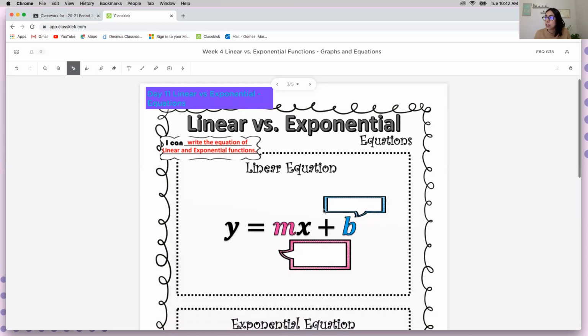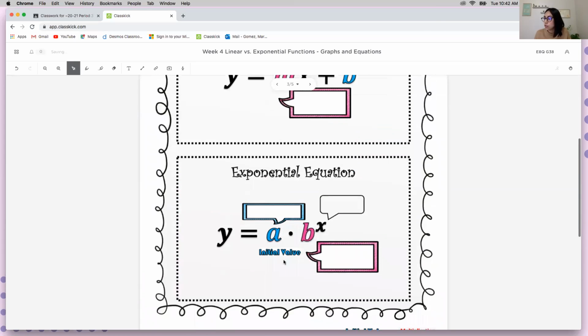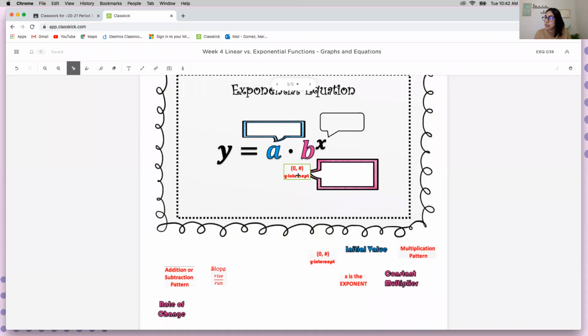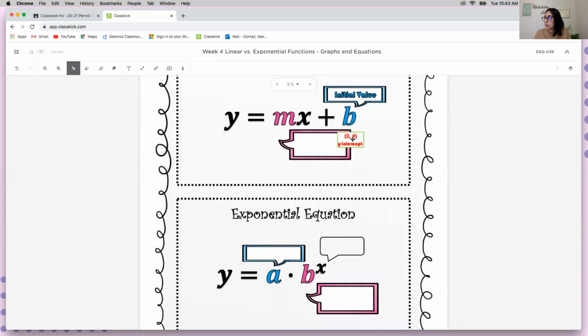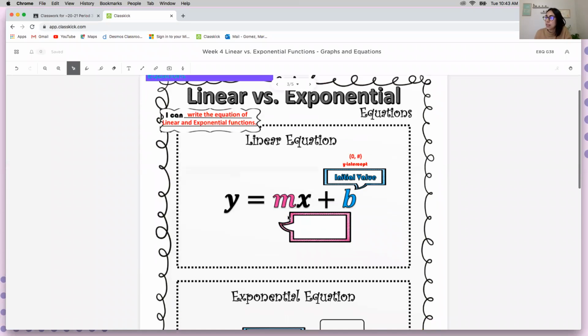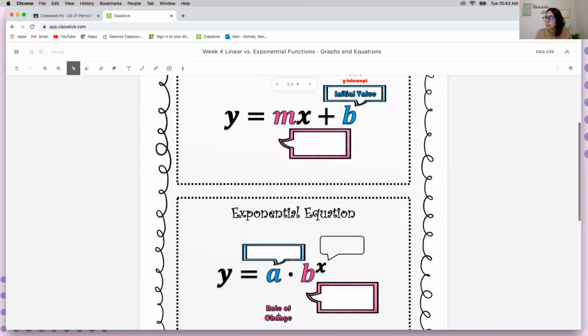Okay, on our linear equation side, the b is our initial value, which is also known as the y-intercept. The little blue dot there. The m is the rate of change, which is also known as our slope.